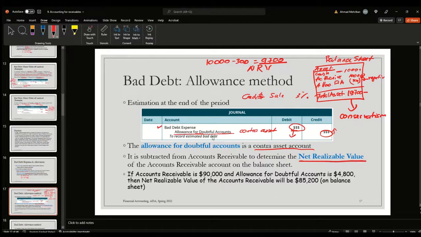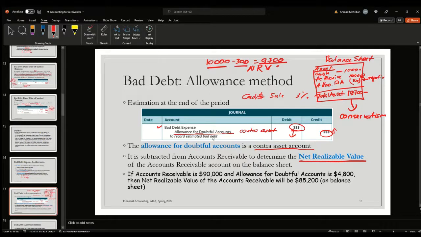We assume that hopefully we will get all 10,000, but we make an estimation that 300 possibly will not be collected. It's not highly likely, but based on past experiences we make this allowance. So the net realizable value is 9,700 that we are almost 100% sure we will receive. Yeah, that's it.